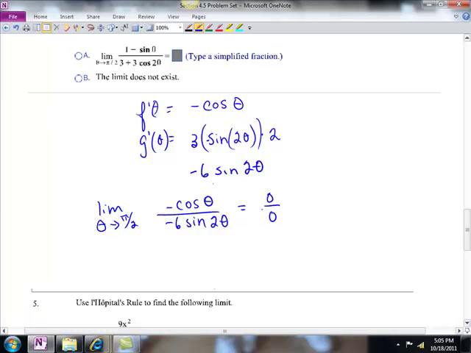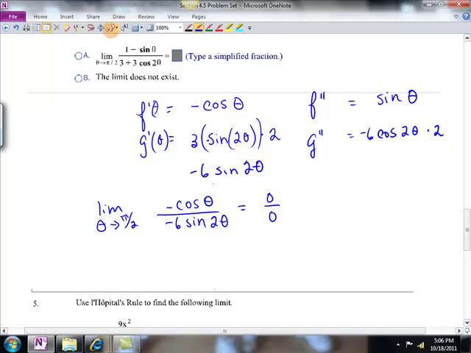Let's try it again. So we'll go further. f double prime and g double prime. Negative cosine. Well, the derivative of cosine is negative sine, and then you have another negative, so that becomes sine theta. And down here, we've got negative 6 sine 2 theta, so we would have cosine 2 theta, negative 6 of that times 2.